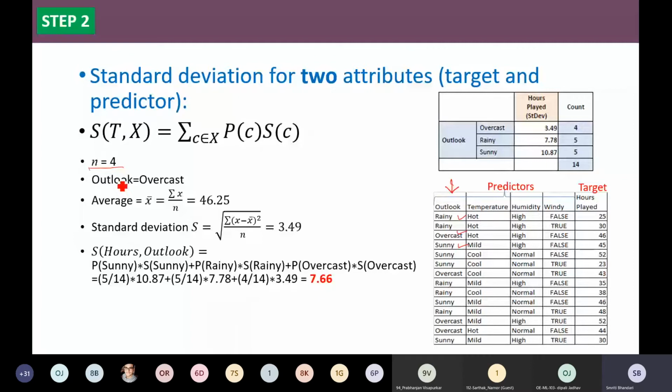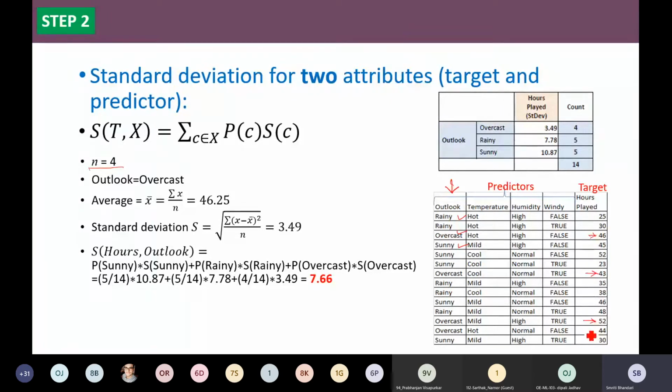So now the similar procedure we are going to follow. We are finding out the average x bar. How are we going to compute this average? This average is for outlook equal to overcast. This is the first value, 46, wherein my outlook value is overcast. Then the next target value in our data set is 43 for overcast.